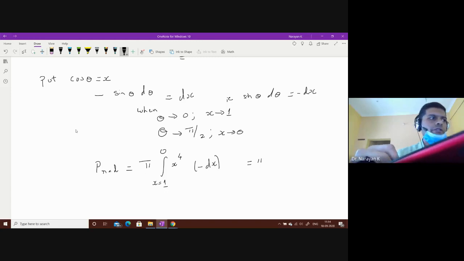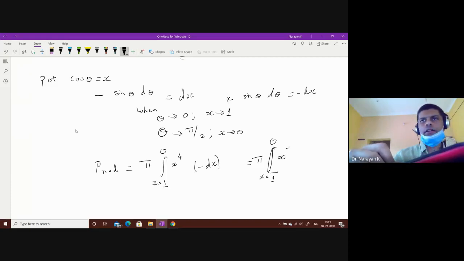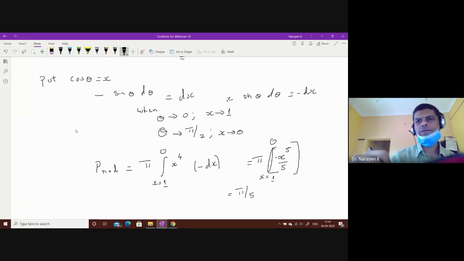So this will be equal to pi, x varying from 1 to 0. If you integrate this, you will get x raised to the power 5, with the minus sign, divided by 5. These are the limits. So you will get this as pi by 5.